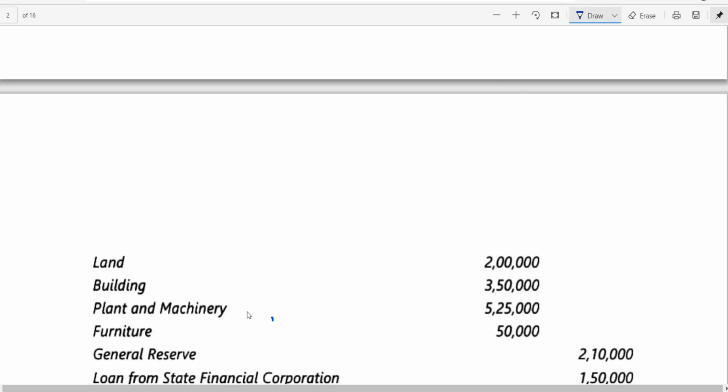So these three assets will then become written down value.